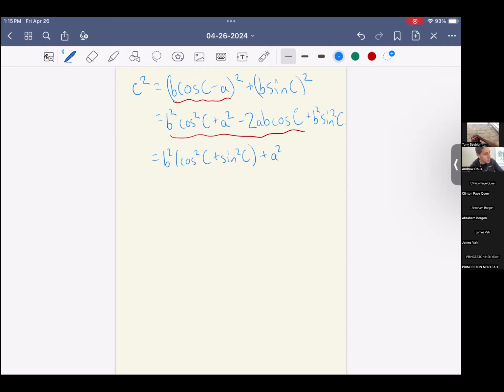And then plus a squared minus 2ab cosine C. And now this, remember, cosine squared C plus sine squared C, the most fundamental identity in trig, that's just equal to 1. Right, so this just gives us b squared plus a squared minus 2ab cosine C, which is exactly the law of cosines. Okay, let me just switch these. So a squared plus b squared minus 2ab cosine C.